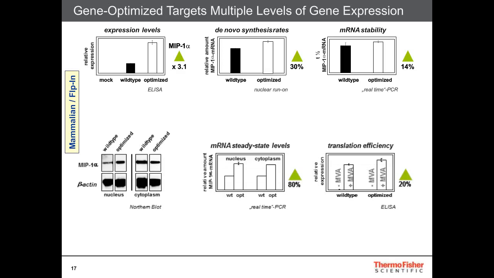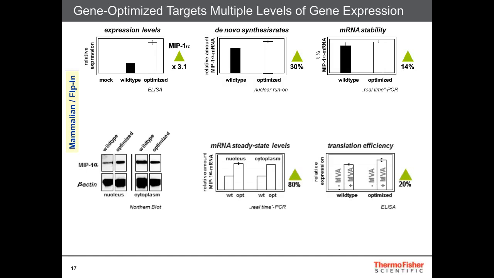And we did those tests by using stable cell lines, since we really wanted to compare a single copy effect of a transgene in the same genomic context, rather than comparing multi-copy effects, which could lead to saturation effects when we use a transient system.